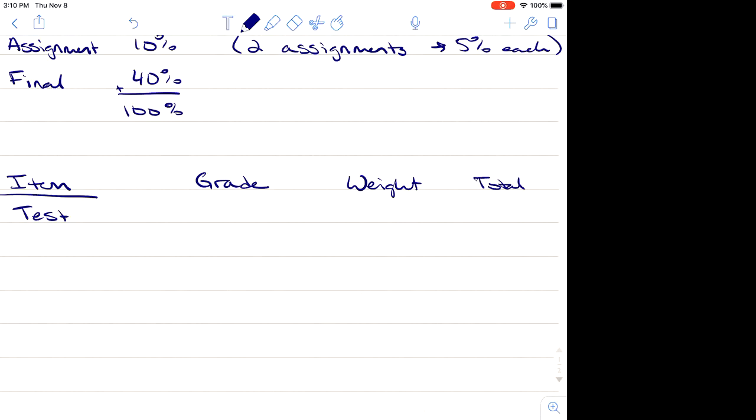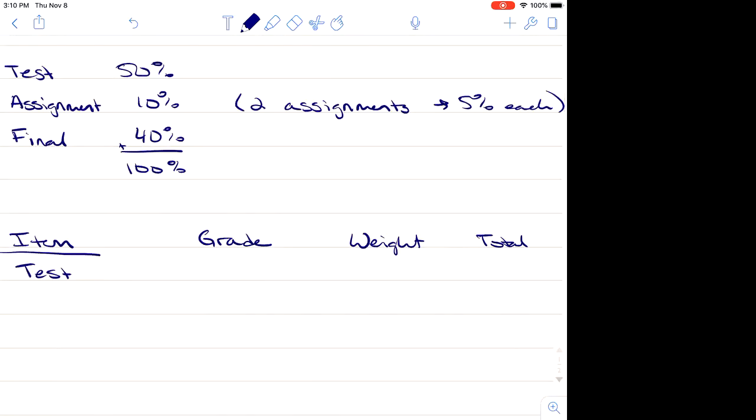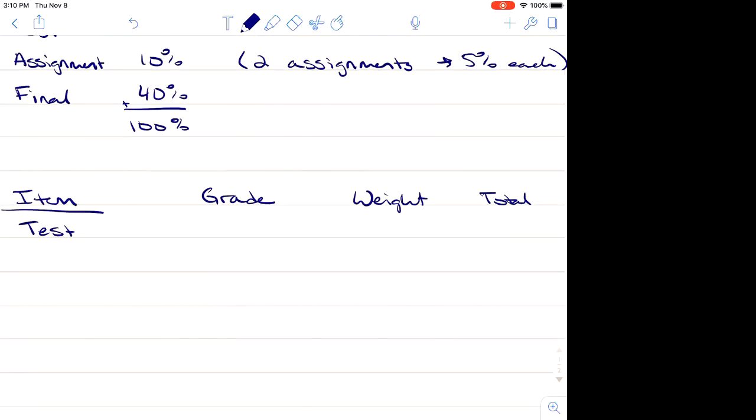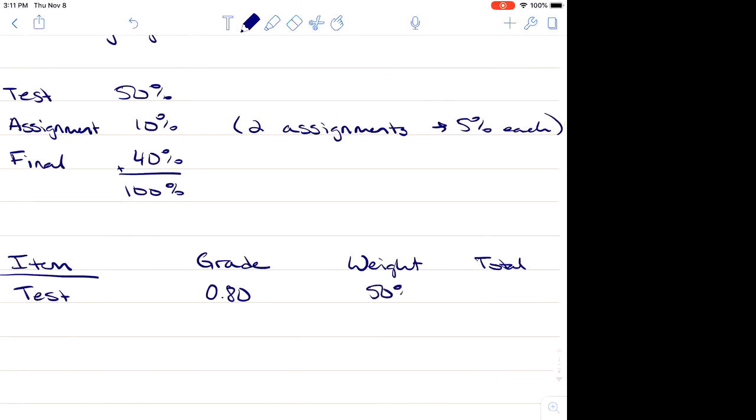I always do the grade as a decimal, and then the weight as a percentage, doesn't matter. But let's say that on the test I got a solid 80%. So 0.8. Remember, the test has a weight of 50%.